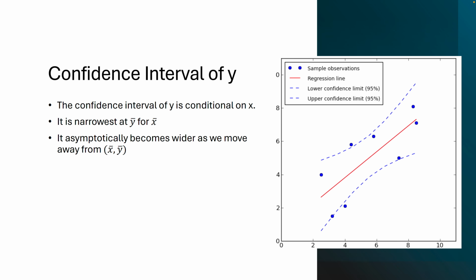It is narrowest at x bar, y bar, and it asymptotically becomes wider as we move away from x bar, y bar. So here we see the confidence band of 95% for the values of y. So this gives us the estimated range within which we expect to see the values of y.